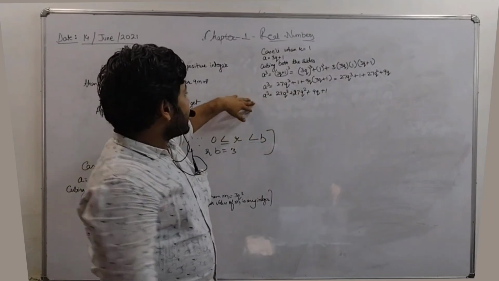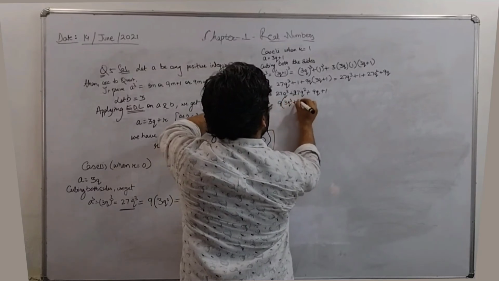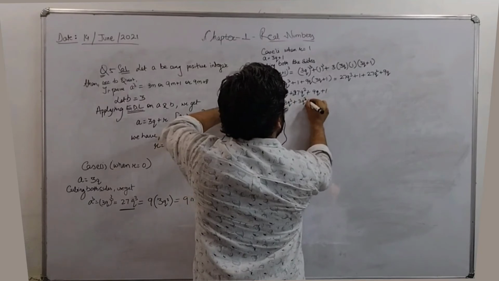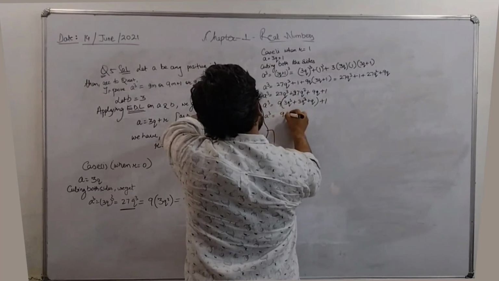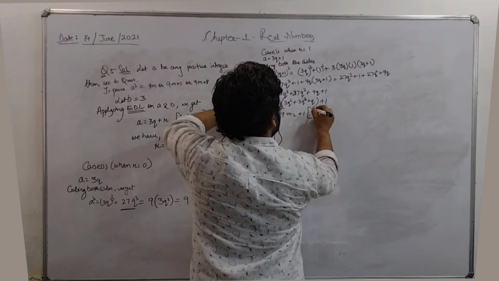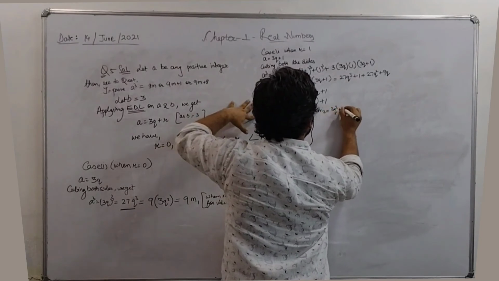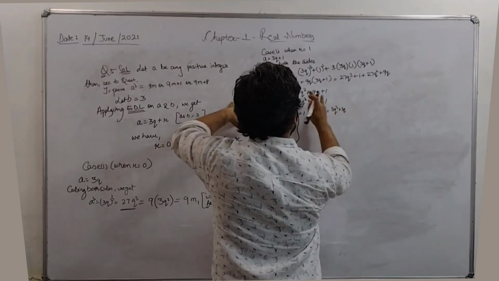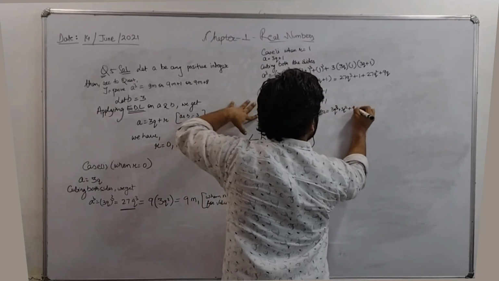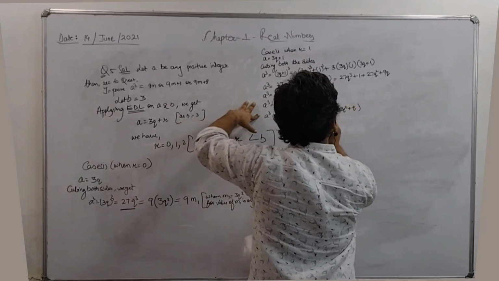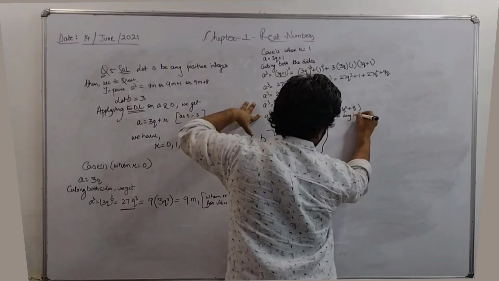So once we take 9 common, a cube is equal to 9 times (3q cube plus 3q square plus q) plus 1, and we can state that it is 9m2 plus 1, where m2 is equal to 3q cube plus 3q square plus q, for m2 any integer.